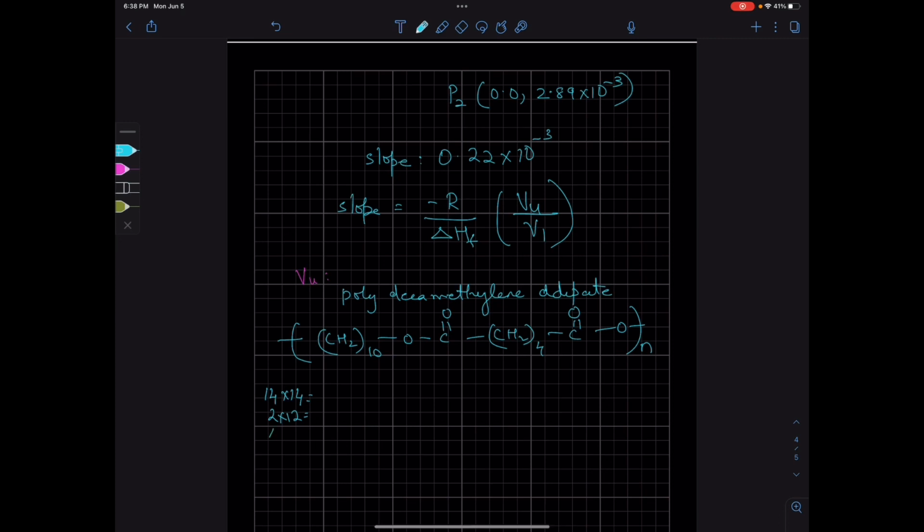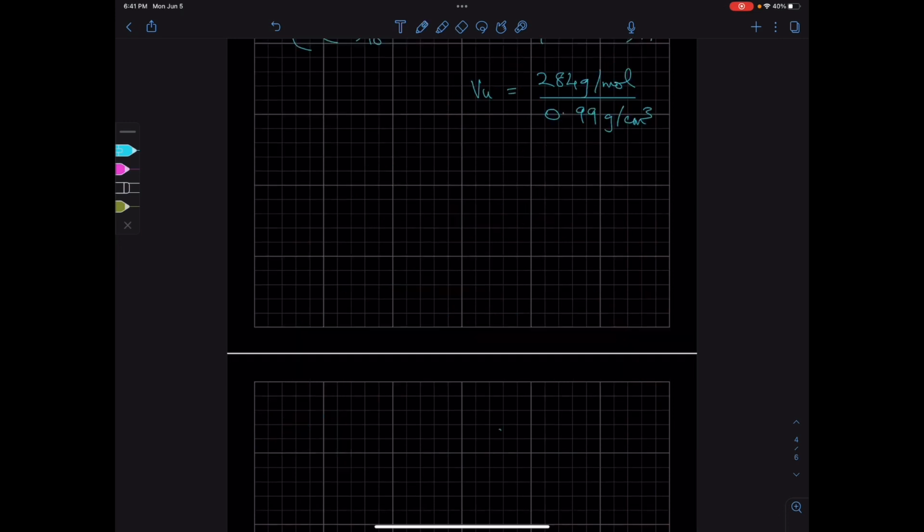There are 4 oxygens, so 4 times 16. It comes to 284 grams per mole. So Vu is equal to 287 centimeter cube per mole.